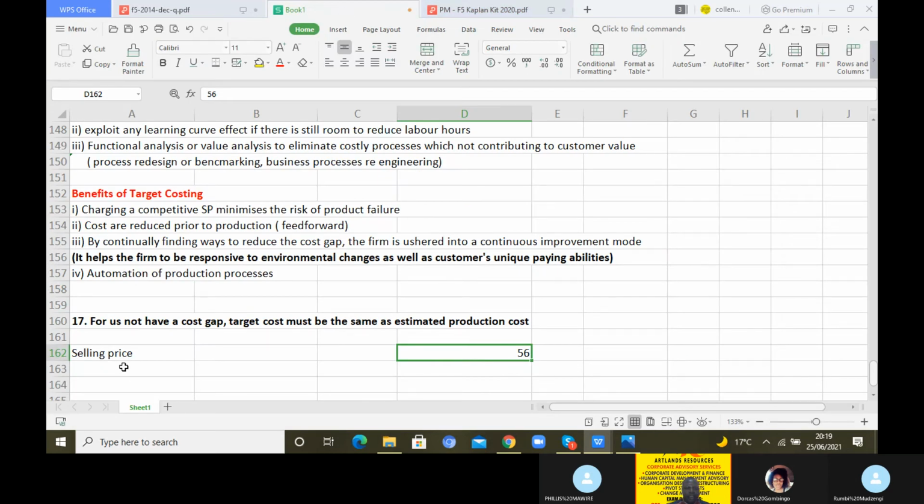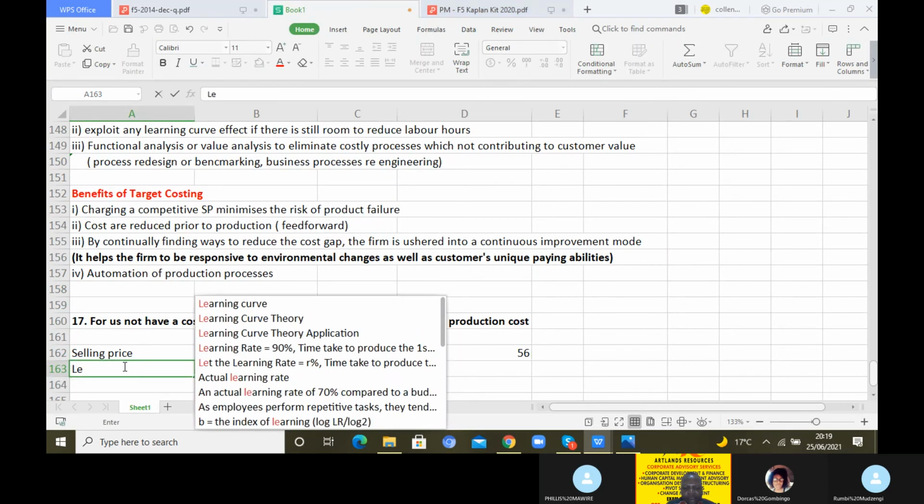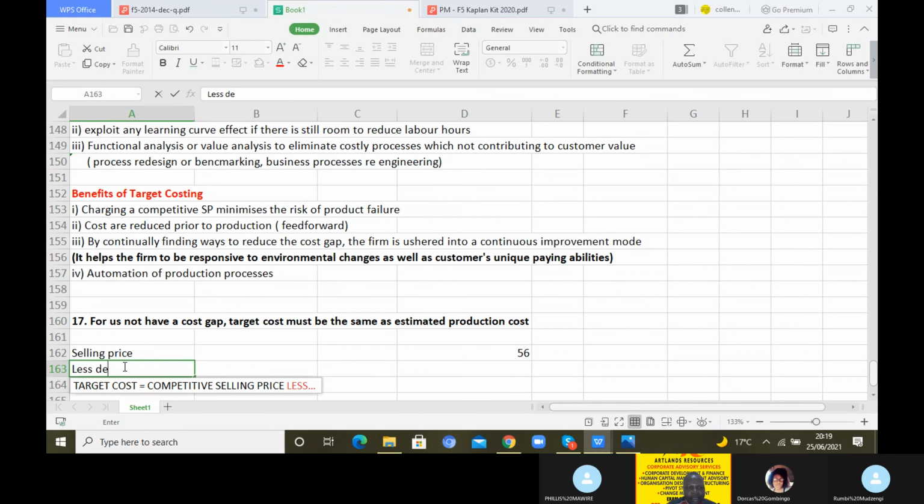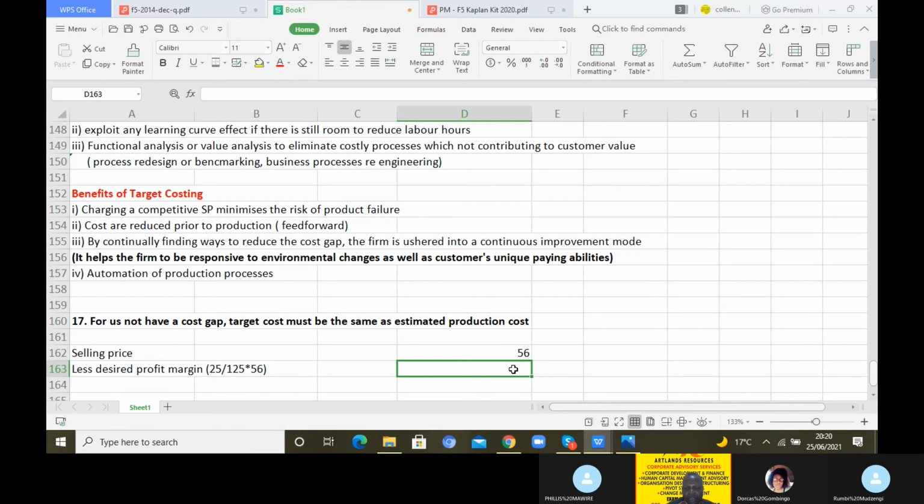So I say less desired profit margin, because markup is 25%, so the margin becomes 25 over 125 multiplied by 56. Make sure these things you are already familiar with. This equals 25 over 125 multiplied by this.